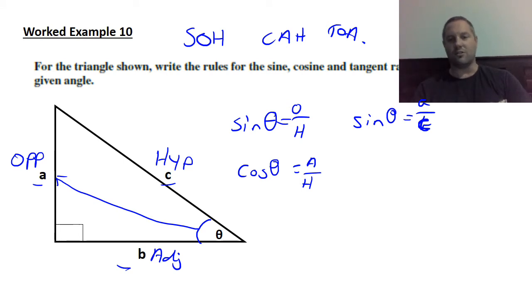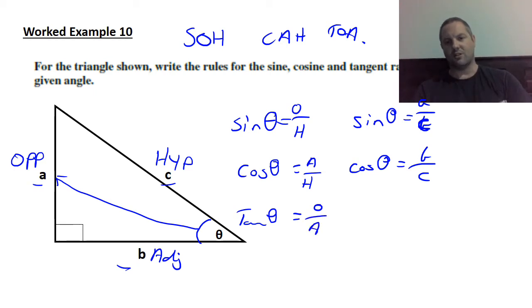Adjacent's B, hypotenuse is C, so cosine of angle equals B divided by C. And the third one is tan of angle equals opposite over adjacent. So opposite is A, adjacent is B. So tan of the angle equals A divided by B. And that's it.